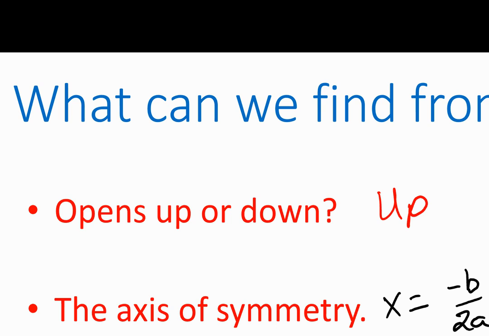Now, coordinates of the vertex, I know I have negative 1. I need to figure out what that y value is. How do I determine that y value again if I know my x is negative 1? Morgan, what do you say? How do I figure out the y value? Do I have anything that says like y equals?